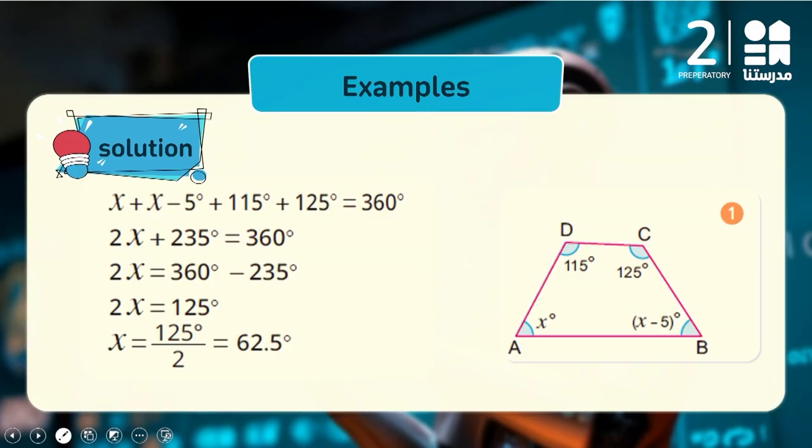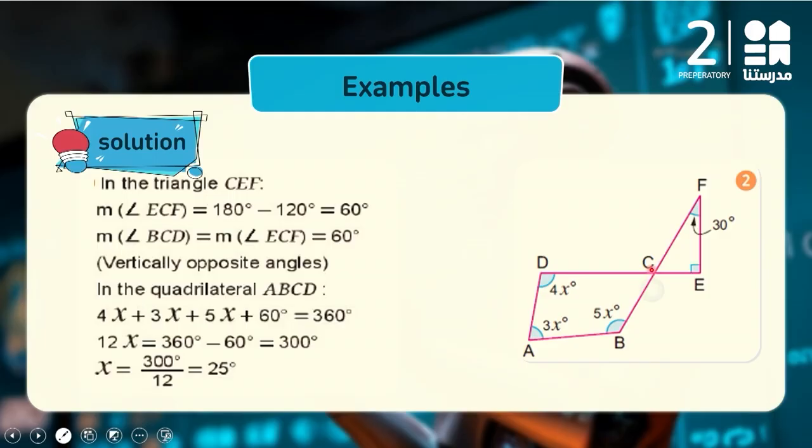So we can say that 2x equals 125 degrees. How can we find x? We can find x by dividing both sides by 2. 2x divided by 2 equals x, and 125 over 2 equals 62.5 degrees.